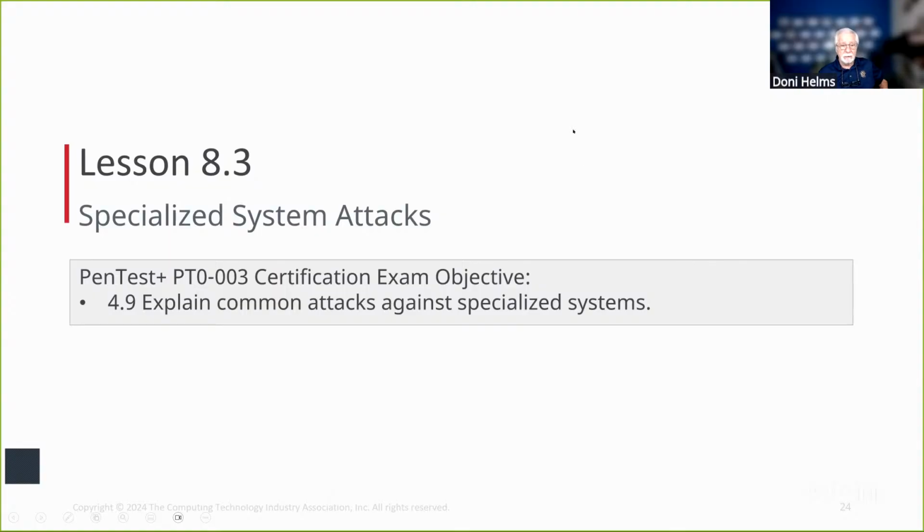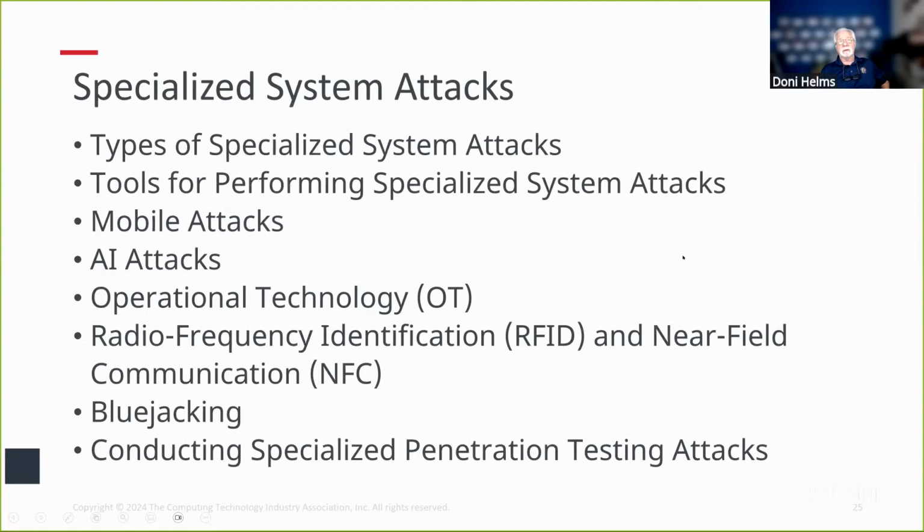Now, in addition to your regular everyday network systems, I have mentioned a couple of times along the way some of these specialized types of systems: your operational technologies, your industrial control systems, the mesh control networks, the voice control networks that we have in our homes.